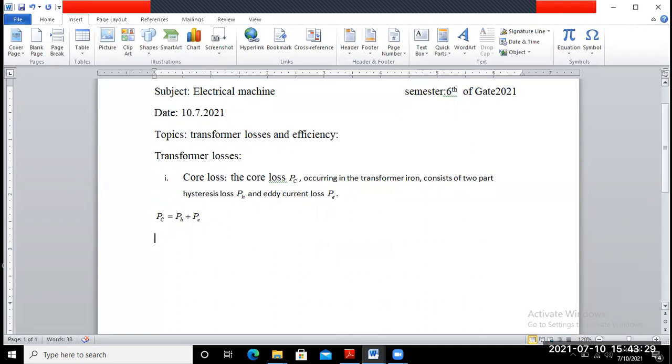Okay, so experimentally we obtain the relation between the hysteresis loss, the eddy current loss, the frequency and the maximum flux density.